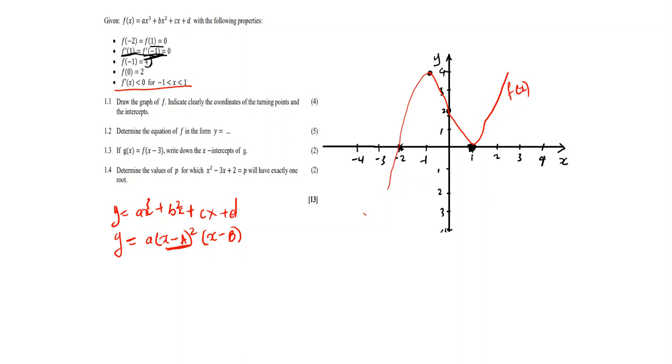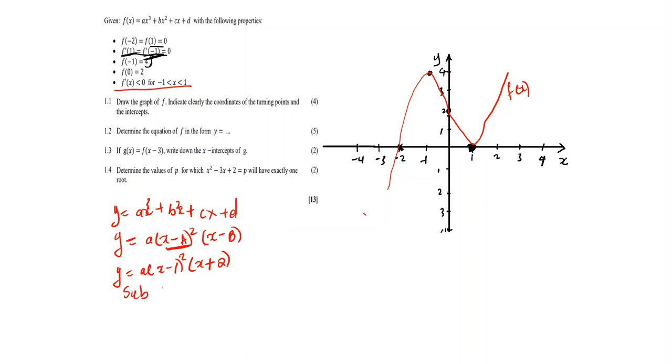So you'll say y equal to, you substitute the x-intercept, and of which it's also a turning point, we'll have x minus, we substitute this point here, which will be x minus 1, you square it multiplied by x plus 2, because we'll have x minus minus 2. So from this, you are going to simplify quickly, but you start off by substituting.